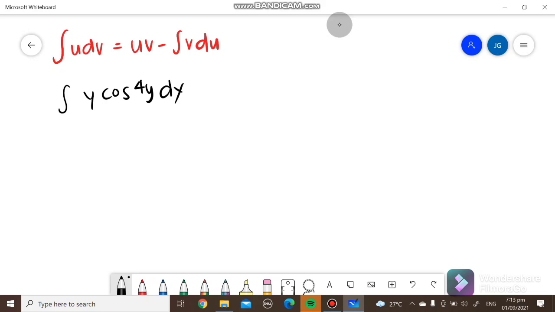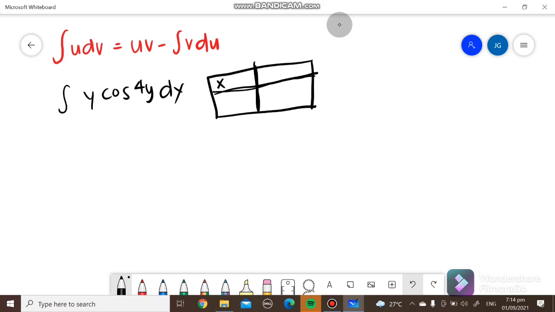Back when I was taking up integral, what we did was make a box for the u, du, v, and then dv. That's what we did.